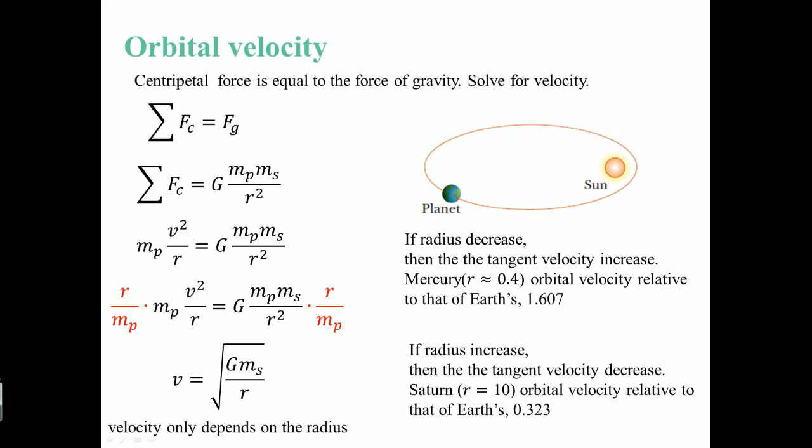What you should see here is that velocity and radius have sort of an inverse relationship. Okay, I can't really say it's inverse squared, right? Because the velocity here is squared. Yes, you can square root it. Okay.